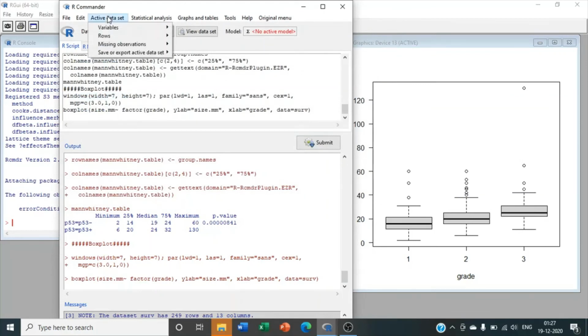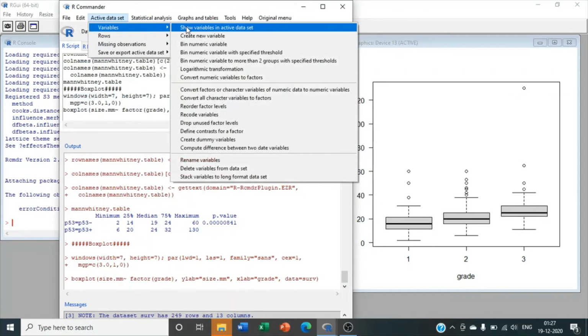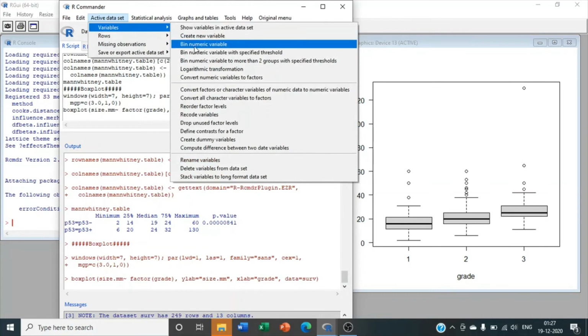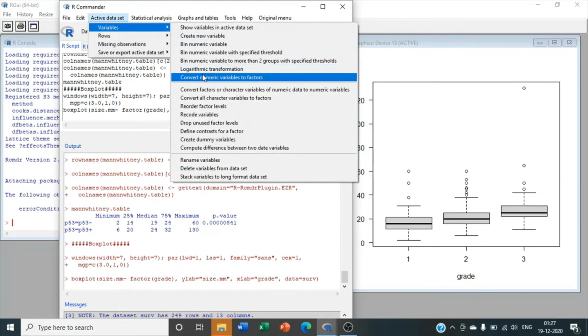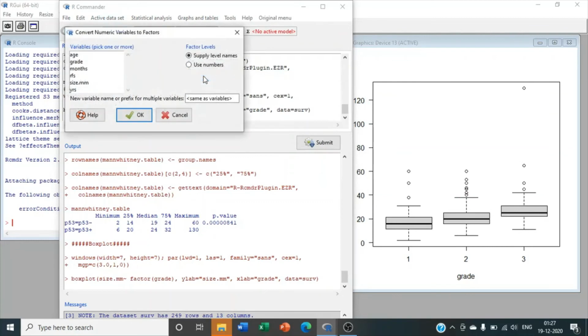Go to active dataset, variables, and then convert numeric variables to factors. We get grade over here. We give a name to the variable. Let us say factor grade.